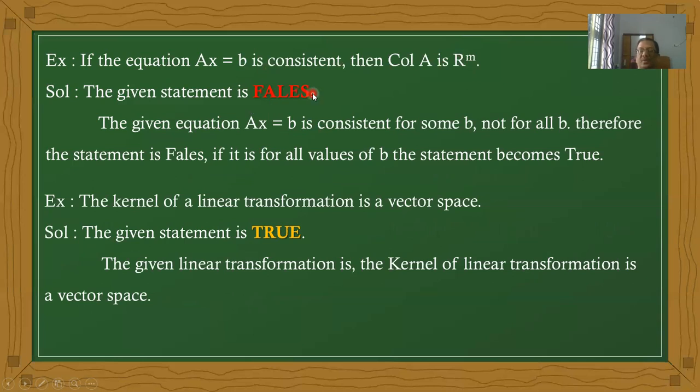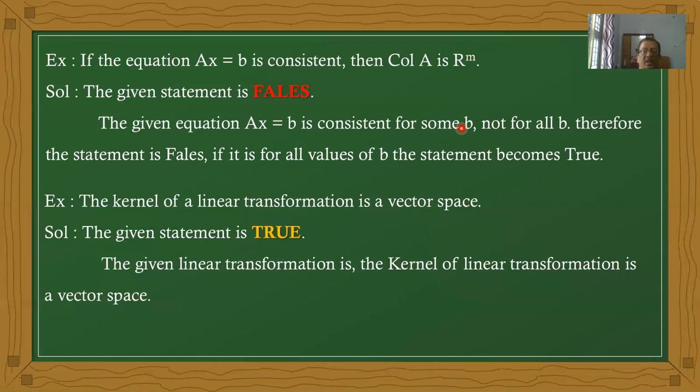The equation Ax equal to b is consistent only for some b values, only under some particular condition, not in general. Therefore, the statement is false. Why? Because the equation has solutions for only some b values, not for all b values. That's why the statement is wrong.